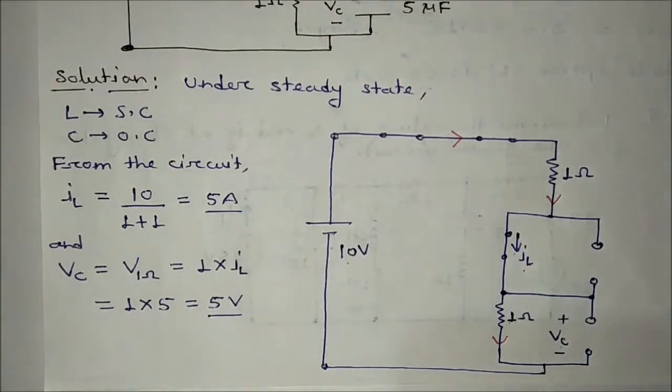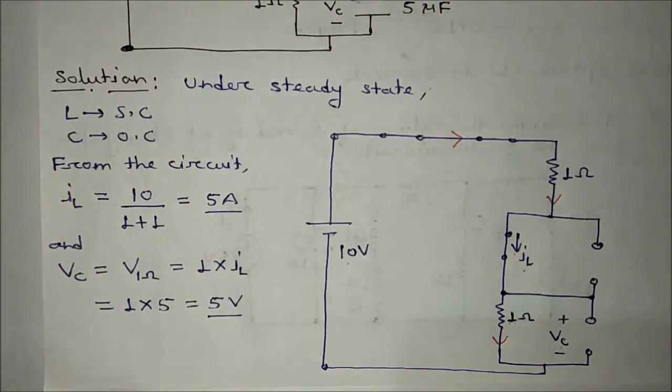If other responses have been asked other than IL or VC, then always calculate VC in case of RC circuit. In case of RL circuit, first calculate the inductor current iL(t), then go for the calculation of the other response by using KVL, KCL and nodal analysis.